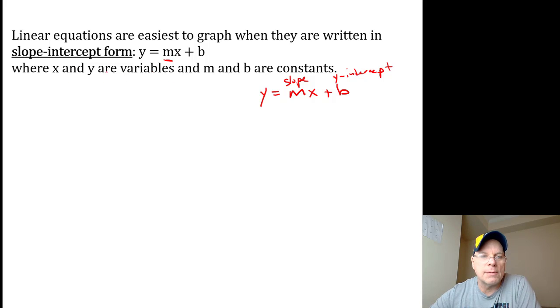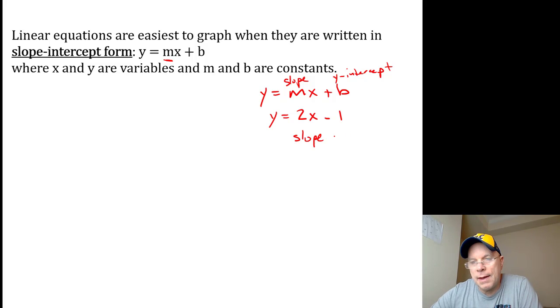x and y are our variables. We're familiar with that from today's lesson. Our input and our output. And m and b are constants. They're the numbers that represent the slope. For example, you would see a linear equation like this: y equals 2x minus 1. That means the slope m is positive 2.